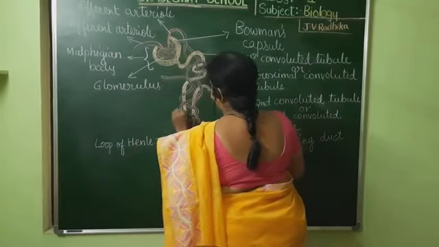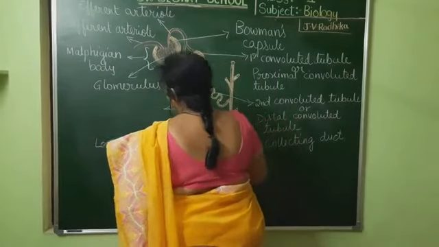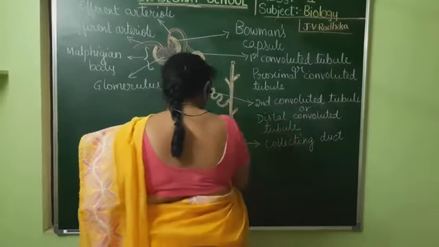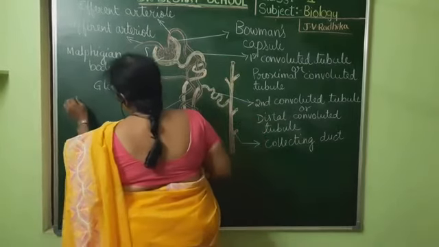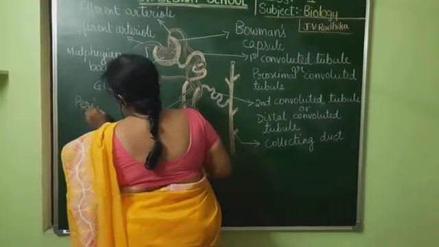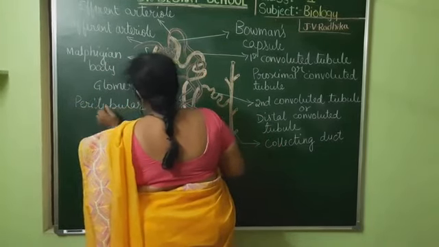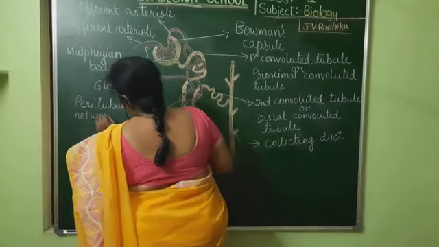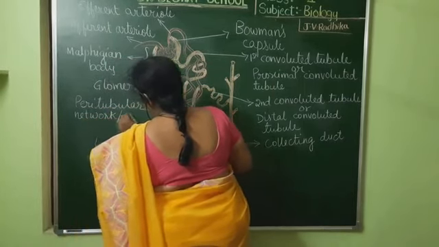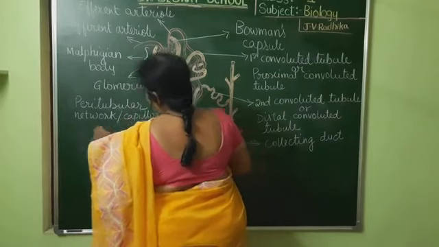And this fine network of capillaries that I have shown is called the peritubular network, or another name is capillary network.